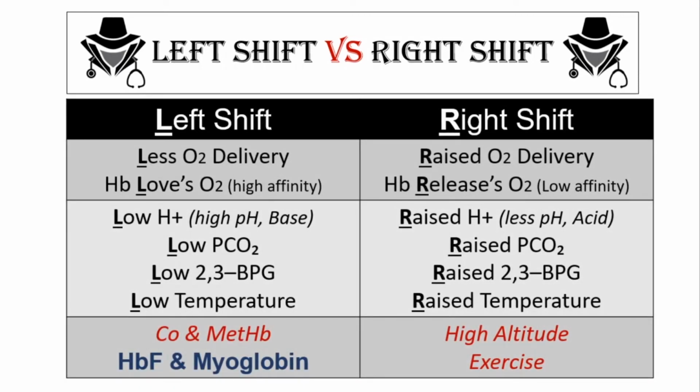So left shift, less oxygen delivery, hemoglobin loves oxygen, which reflects the high affinity, low hydrogen ions, low CO2, etc. For the right shift, raised oxygen delivery, hemoglobin releases oxygen, indicating the low affinity, and the other causes like raised hydrogen ions, raised CO2, etc.